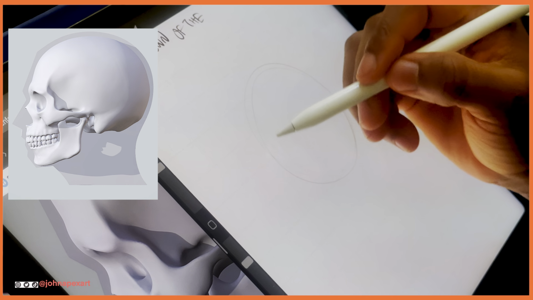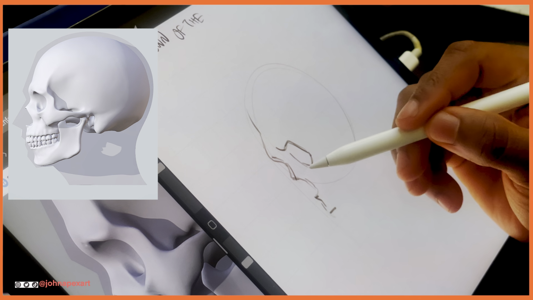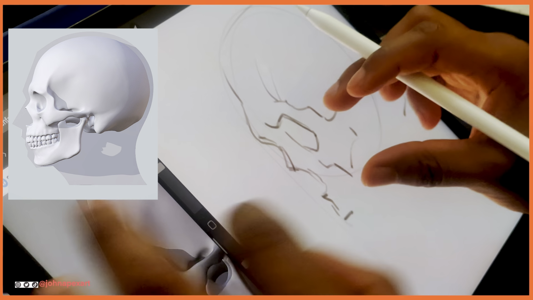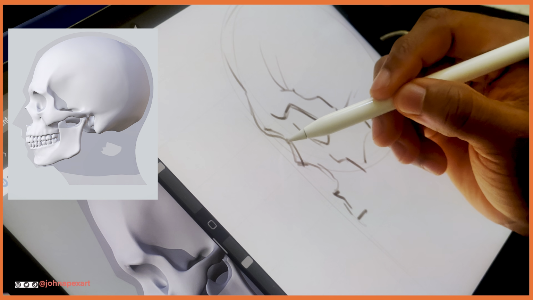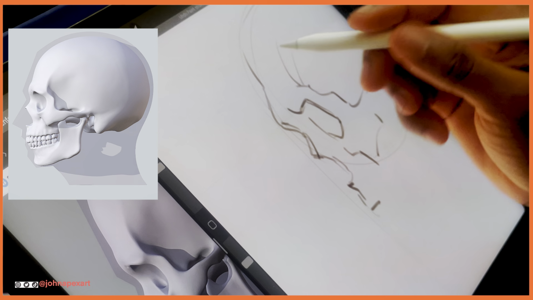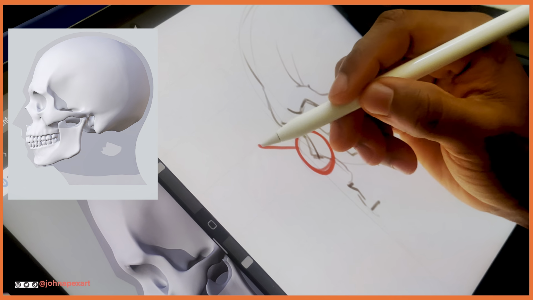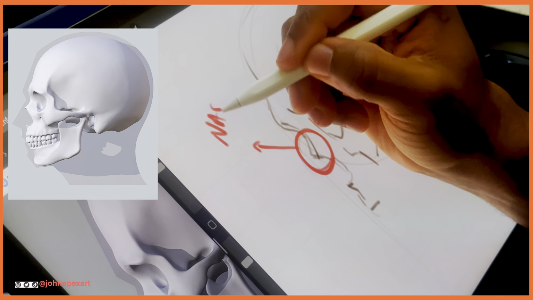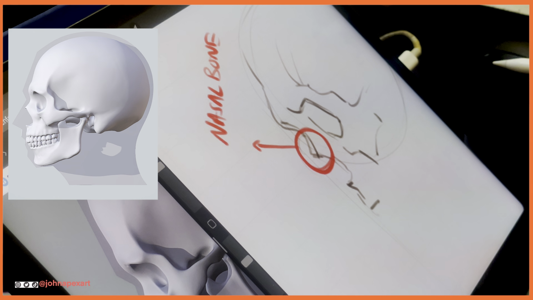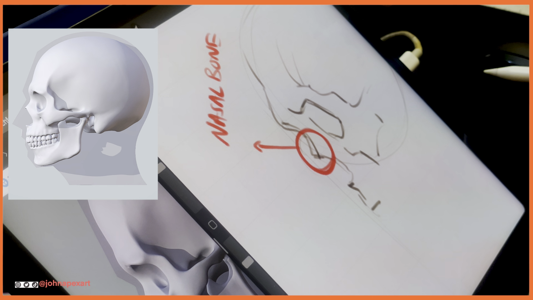If we were to look at the skull from the side view, we'll see that the nose actually starts from here, this area here, and that is the nasal bone. You can try to feel that area, that gap between the two sockets of your eyeballs.